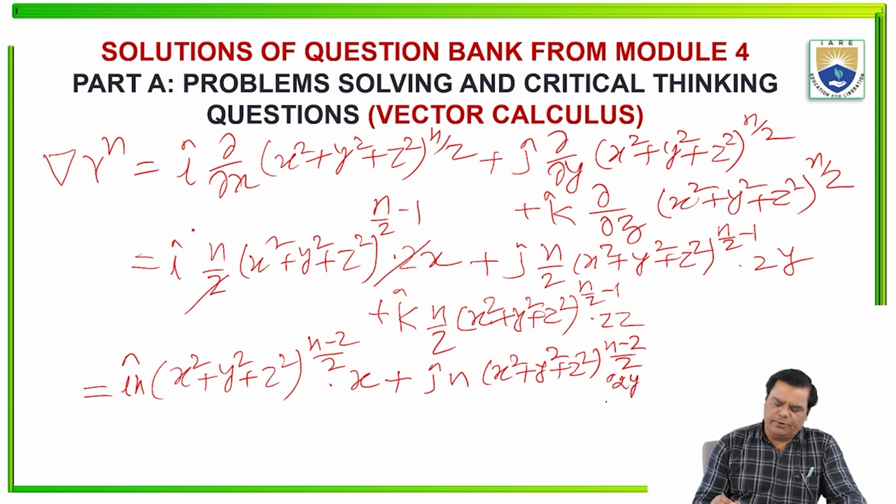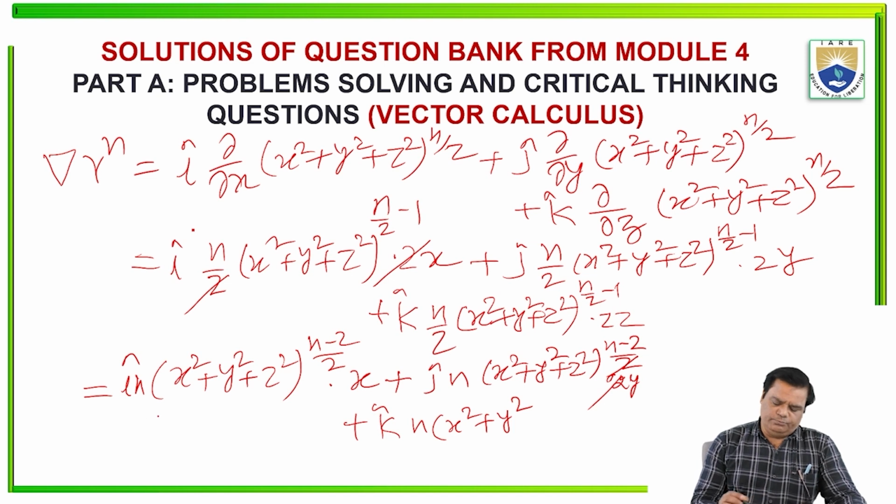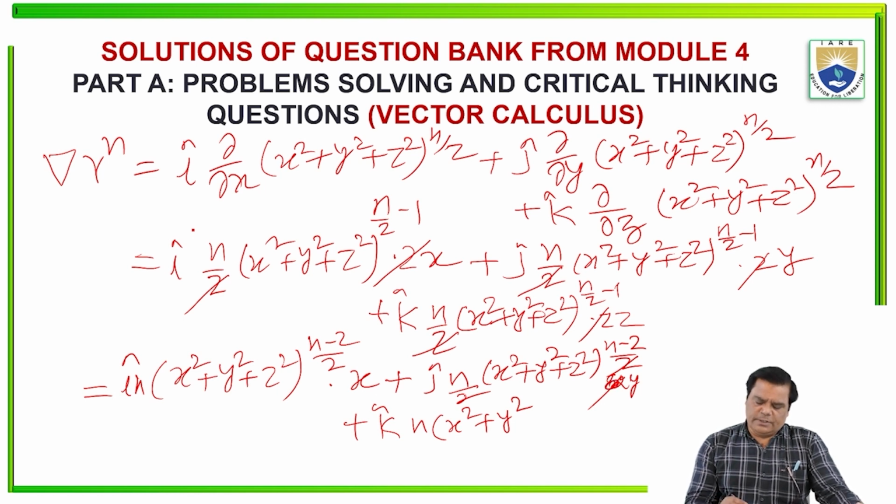So this 2 is cancelled, and plus k n into (x square plus y square plus z square) to the power n by 2. The n by 2, 2 cancels, so here it is only y. So (x square plus y square plus z square) to the power n minus 2 by 2 into z.